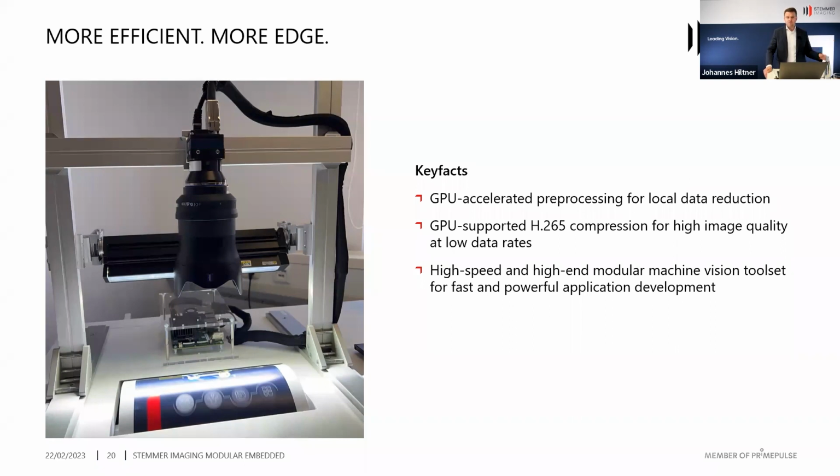There are plenty of algorithms pre-available in CVB for making use of the NVIDIA. In this showcase, we simply applied different filter algorithms to do some data reduction on the NVIDIA GPU, but we also do H.265 compression for high image quality while still reducing the data rate, which we can then send out using a video stream to a web streaming server, for example, for image visualization.